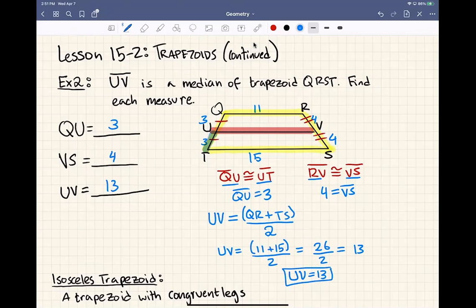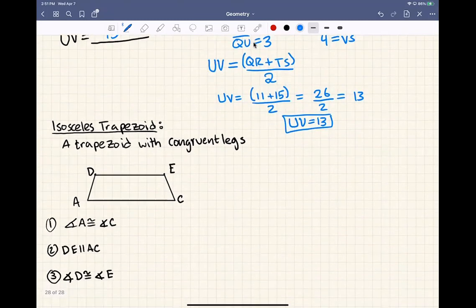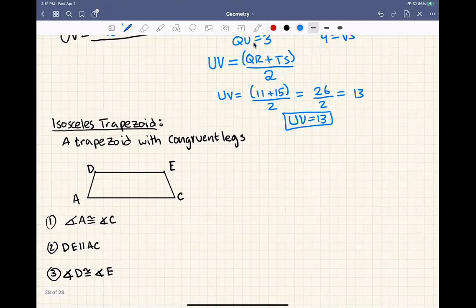Next up, we have the isosceles trapezoid. Okay, an isosceles trapezoid is a new definition. It is a trapezoid with congruent legs. So all we're saying is that AD is going to be congruent to EC. Okay, and the isosceles trapezoid actually has a couple of things to go over.